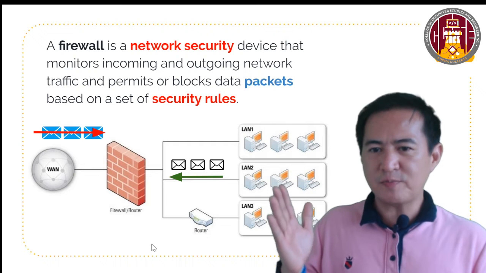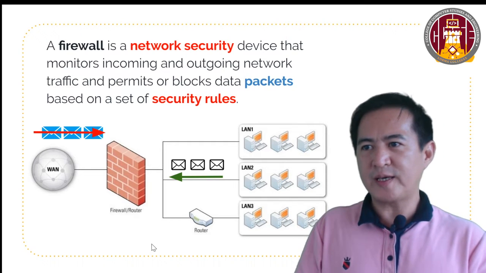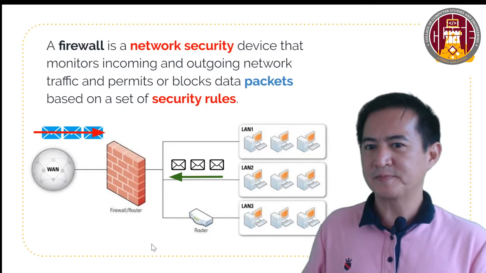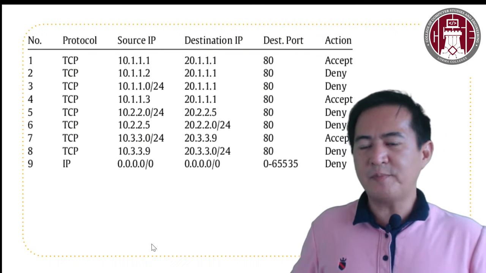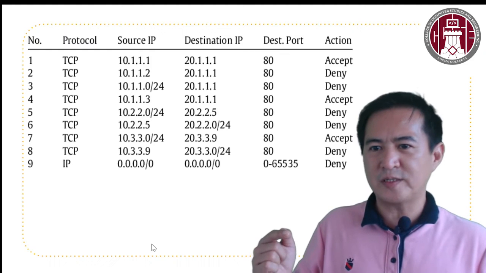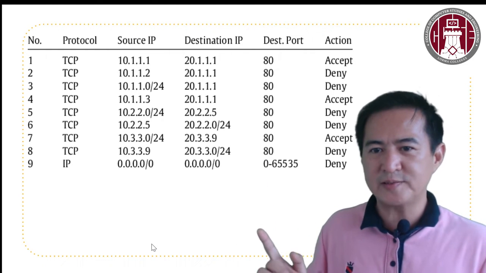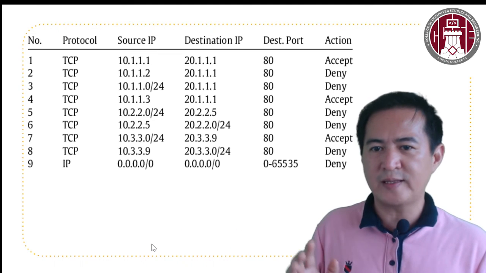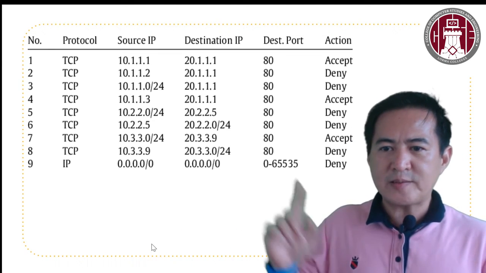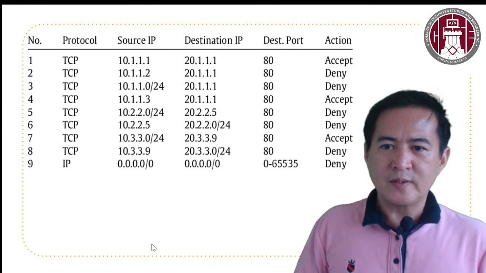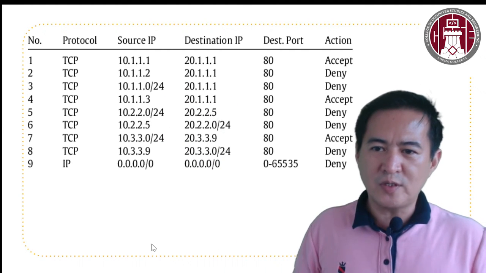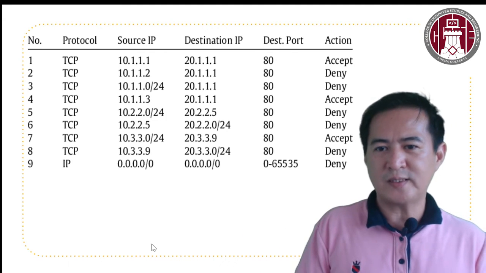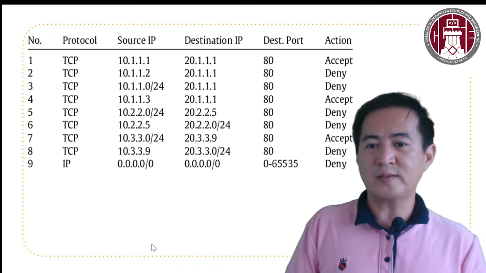How do we block those packets again? We have to create what we call security rules. Here is an example of a security rule. We have 9 rules listed in there. You have the protocol, source, destination, port, and action. Let's take a look at number 1. Number 1 has a protocol of TCP coming from 10.1.1 and 20.1.1 is the destination using port number 80.